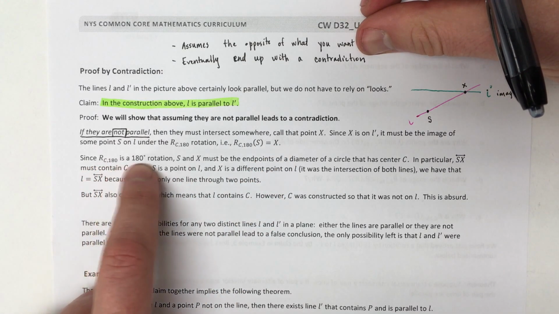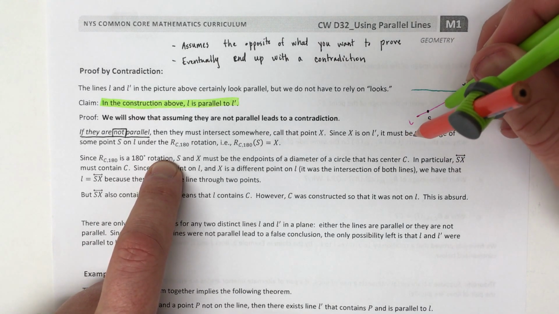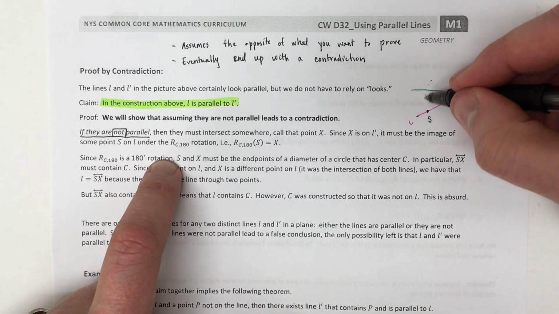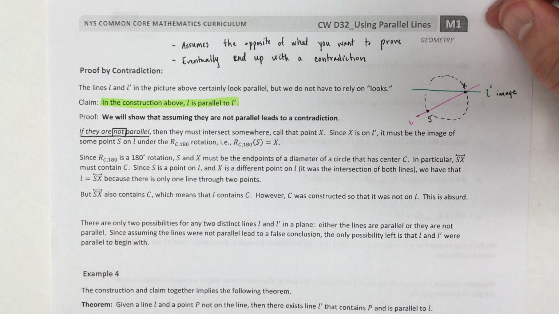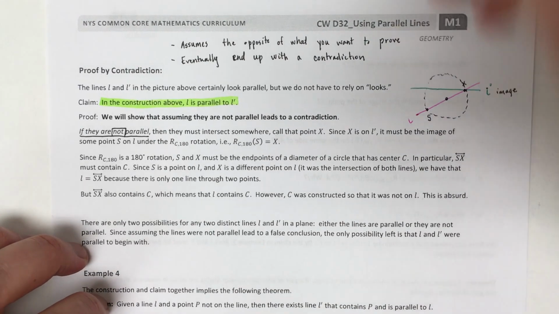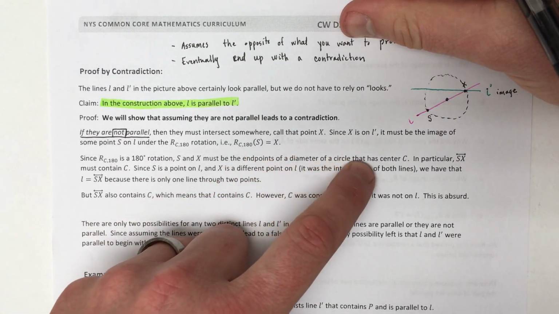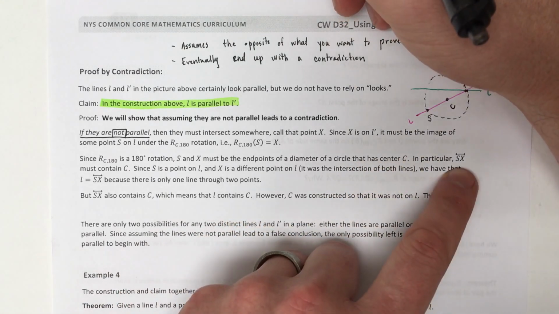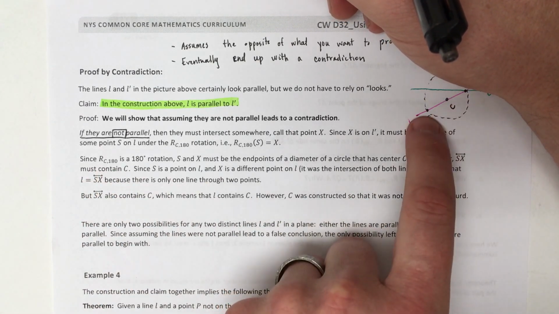Since the rotation is 180 degrees, and you kind of saw this with your circle, that means that these must be the endpoints of a circle. So I should have some center point and be able to rotate around it, and it must be somewhere in between the two. So S and X must be the endpoints of a diameter of the circle that has center C. In particular, the line SX must contain C, and you can see that on this image.